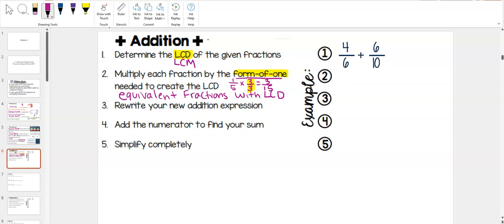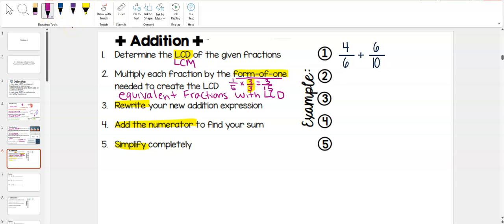Okay, but if you're just trying to remember steps, I would remember LCM or LCD, and then we're making equivalent fractions. Then we're going to rewrite our expression, add the numerators, and simplify if needed. Okay, those are our steps.